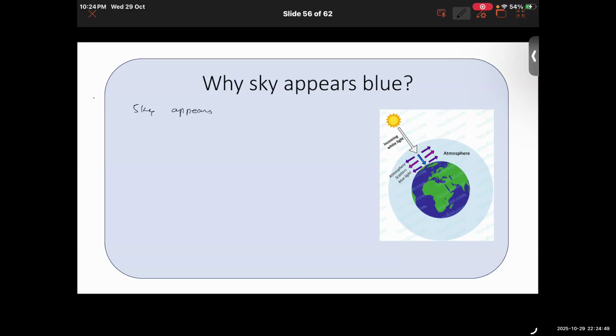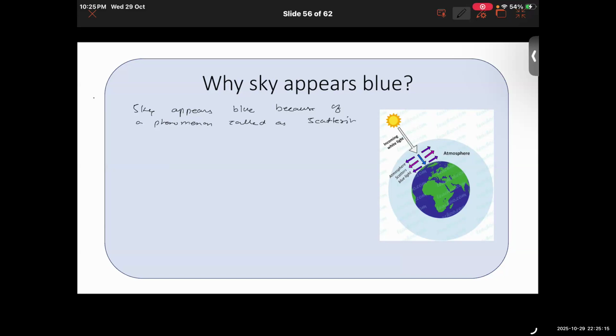That is also an important topic to understand here: it merely appears blue, it is not actually blue. Getting it now? So the sky appears blue because of a phenomenon called scattering of light.